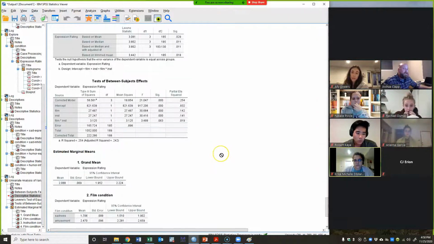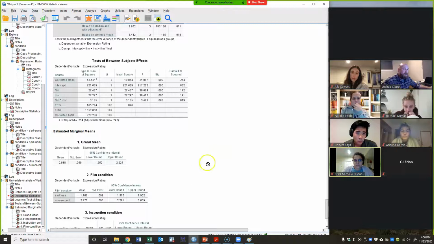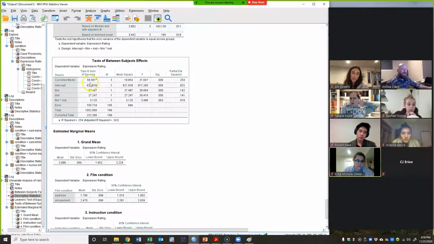Okay. So now we go down through and take a look at our ANOVA table. Here, there are some things that you can ignore in SPSS. Here's your corrected model. This is just your sum of squares cells that we had talked about. SPSS provides it. You don't need to worry about it. Just know what it is, but you can ignore it for right now.